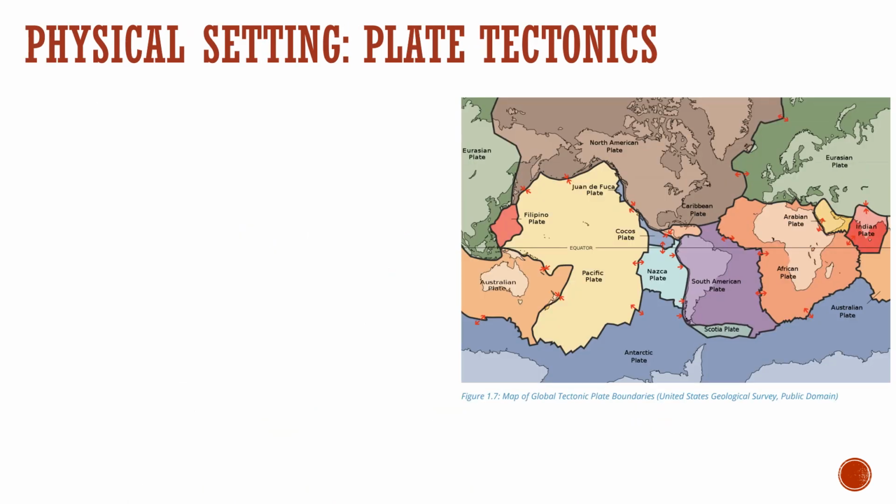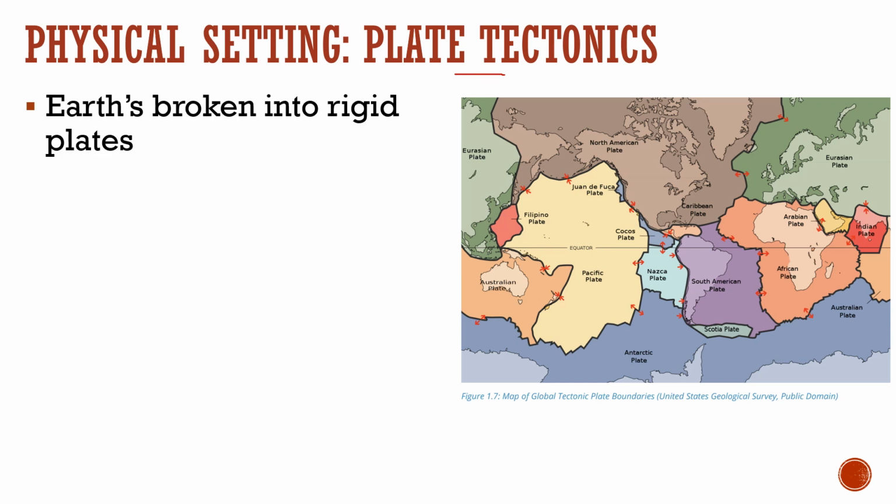So some of our physical settings, we'll typically be thinking about mountains and lakes, but also plate tectonics. Just a little bit about how these work. The Earth is essentially broken into these rigid plates because originally all of the land was in one big mass, Pangea, and then over time it separated.